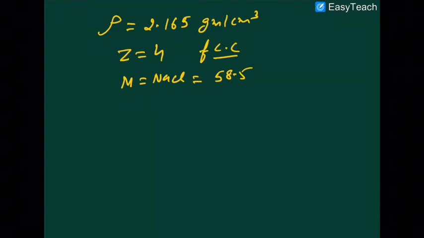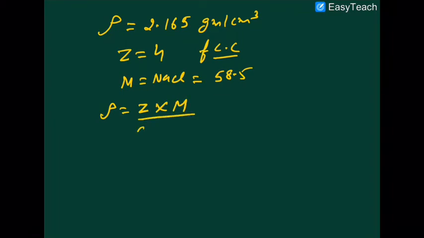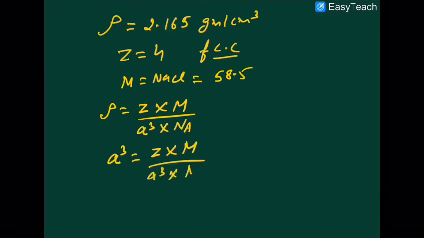Okay, so first find the value of A. Now rho is equal to Z into molar mass by A cube into Avogadro number. So A cube comes out to be Z into M by rho into Avogadro number. So Z is 4. Molar mass comes out to be how much? 58.5.